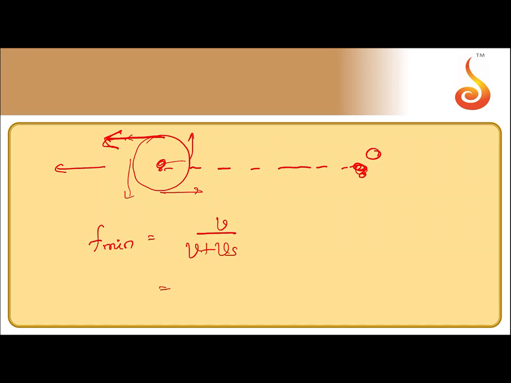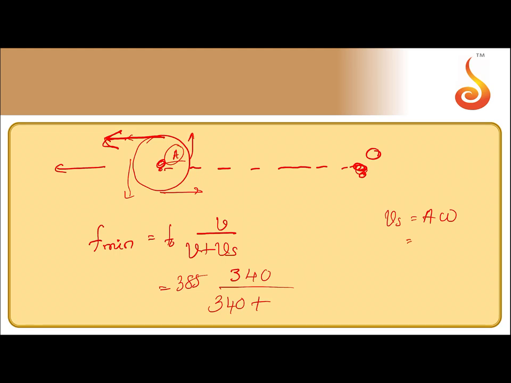And what is the value of V? The speed of sound is 340. Of course, f naught is there, my fault. f is 385 into V, which is 340, divided by 340 plus Vs. Speed of the source can be written as a omega, since it is traveling in a circle where a is this distance, or r omega you can write.